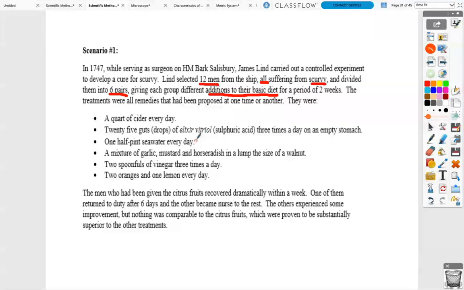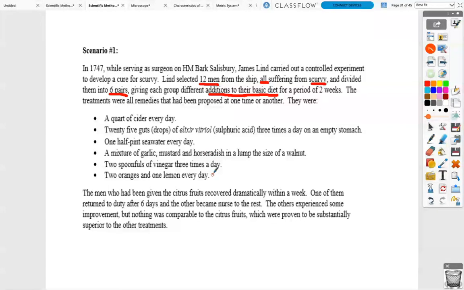Seawater apparently was in abundance, right? They're in the ocean. So they were able to take 1/2 pint seawater every day. The next group, they got a garlic, mustard, and horseradish in a lump the size of a walnut, and they had to take that every day. That kind of sounds disgusting. The next group, they got 2 spoonfuls of vinegar 3 times a day. And the last group, they're probably in the best group. They got to eat 2 oranges and 1 lemon every day.